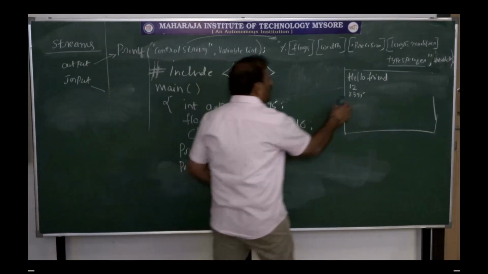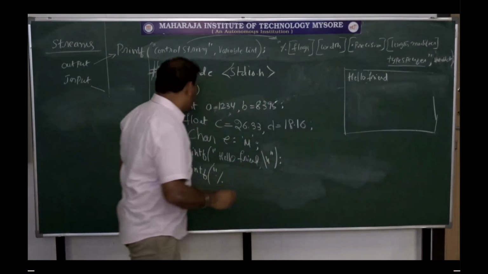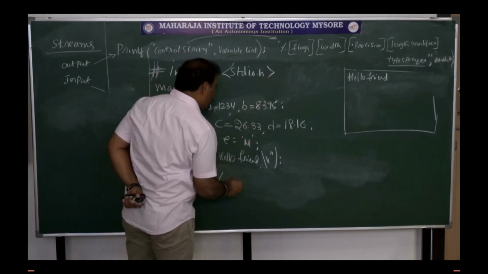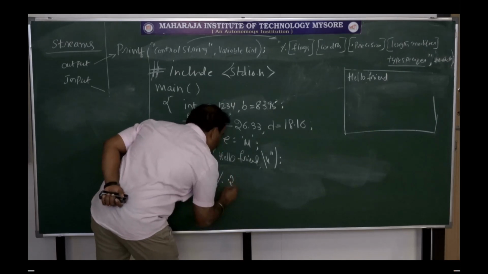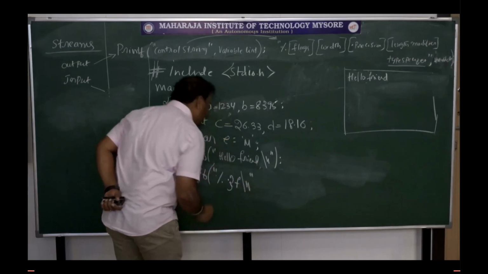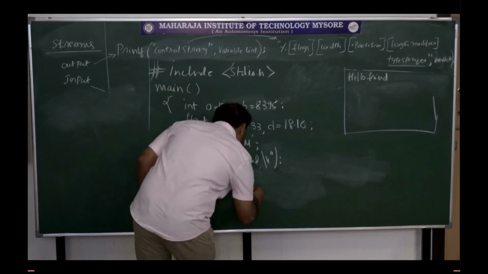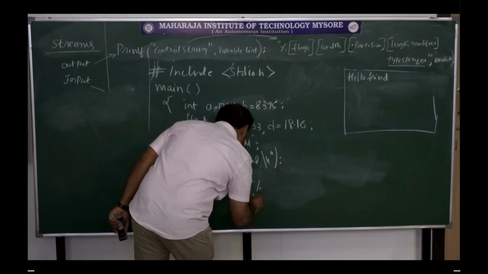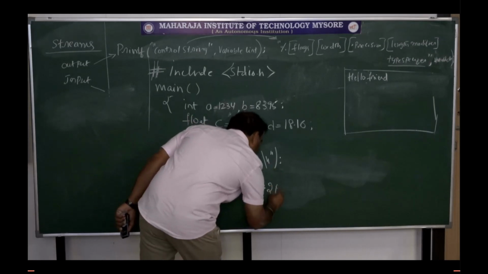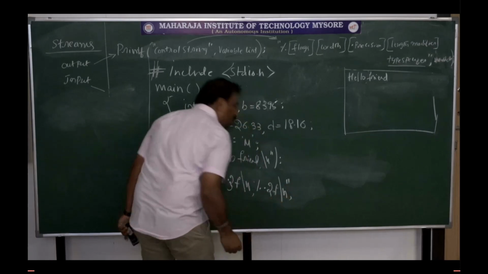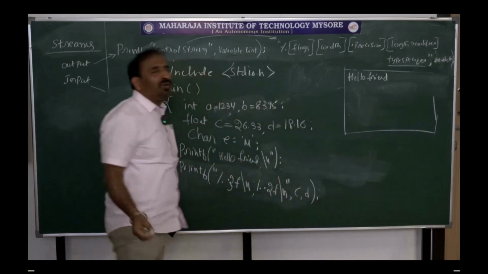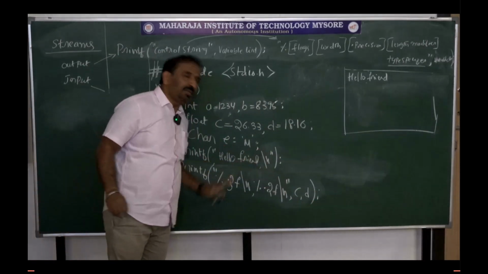Percentage dot 3 f slash n comma, percentage dot 2 f slash n comma C and D. I am printing only 2, C and D.